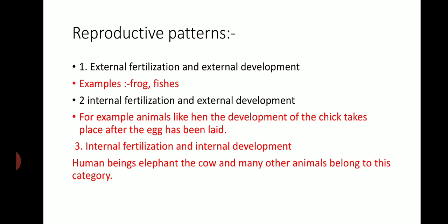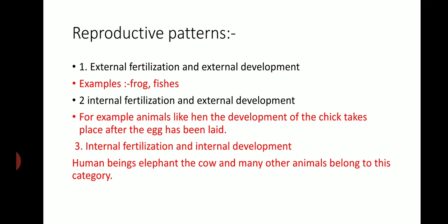We have just discussed that the type of fertilization which takes place outside the female's body is known as external fertilization. So, whenever there is external fertilization, it means male and female lay their gametes outside the body, and the fertilization of the gametes takes place outside the body.